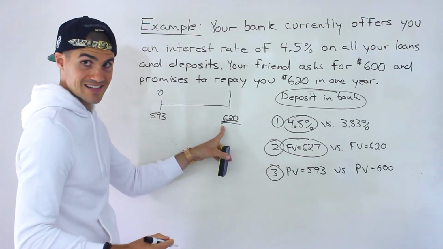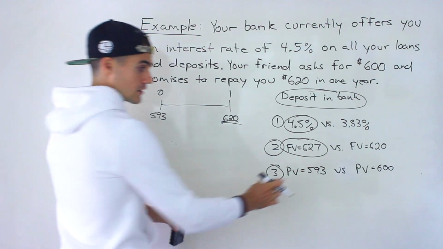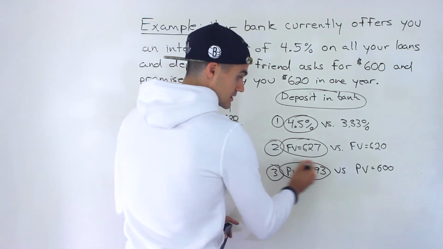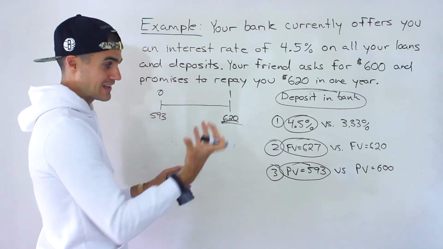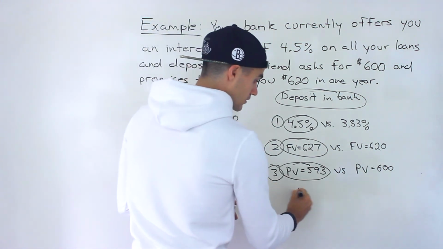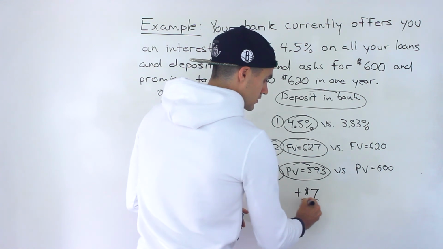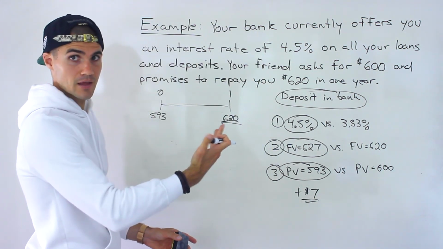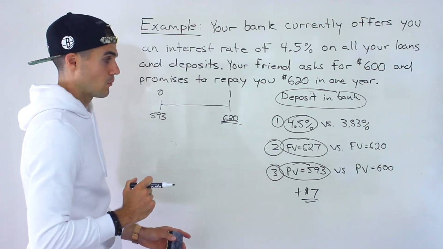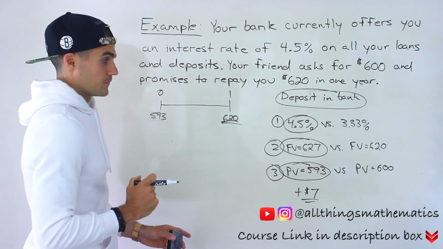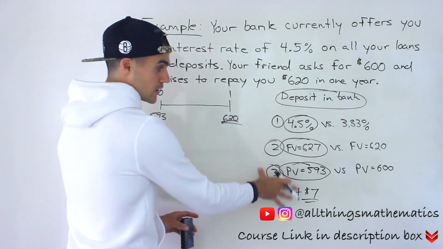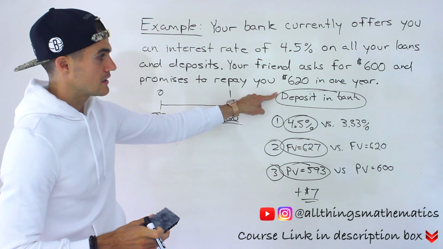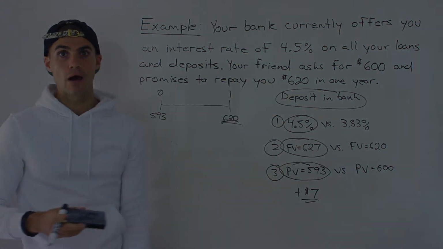To get the exact same cash flow in 1 year, if we can invest a smaller amount, we would take that deal because we would still have $7 left over to do whatever we want with it, whether to spend it today or to invest that as well and make even more. So all three perspectives let us know that we should deposit it in the bank versus lending it to our friend.